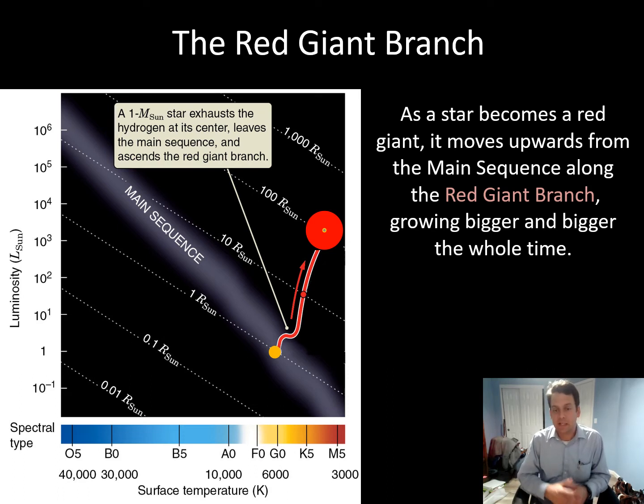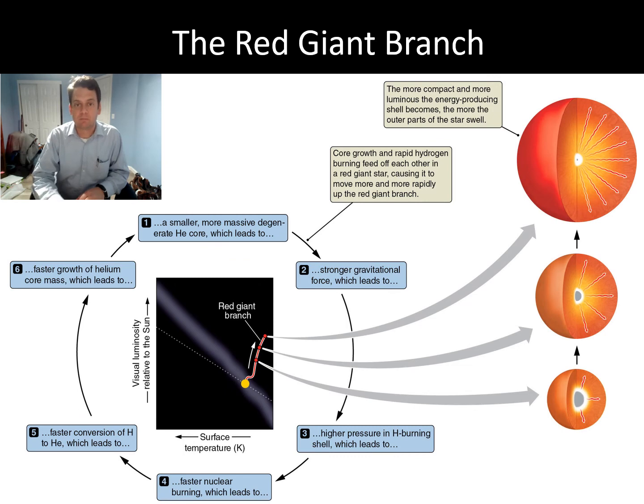It is a process by which the star moves up and to the right on the HR diagram as it gets larger and larger. This is not very creatively known as the red giant branch of a star's evolution in the HR diagram.